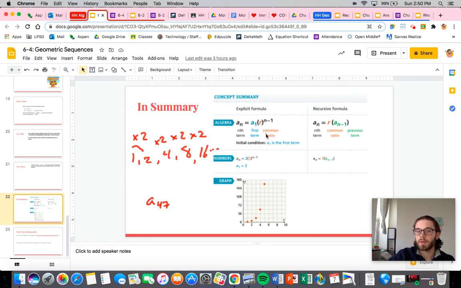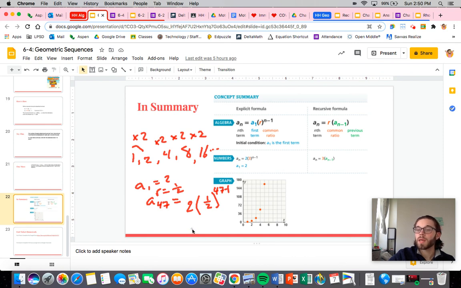So, for example, if I wanted the 47th term and I had an initial term of 2, and a common ratio, this is what I'm multiplying by every time, of 1/2, I would have 2 times 1/2 to the, and I want the 47th, so 47 minus 1, which is 46.